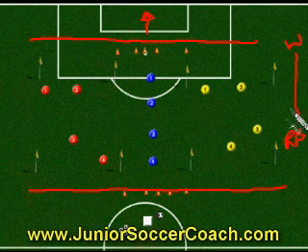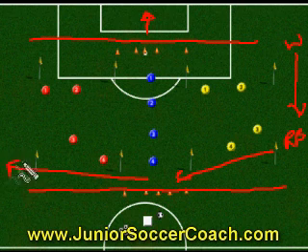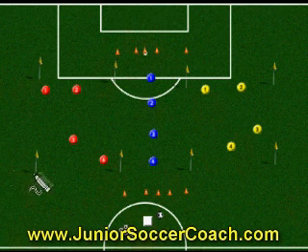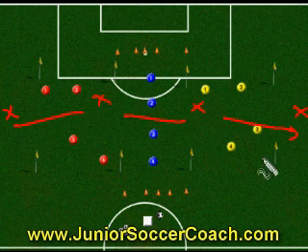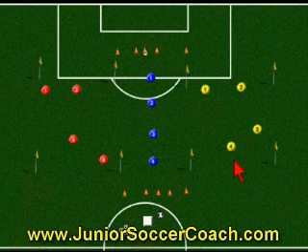If the ball was cut back this way and we wanted to switch the point of attack over to this side, where we would have maybe our left back and left winger, the ball would go over that way. Likewise, if we have 4 defenders across the pitch that way, they would also transfer the ball across the pitch as well. So that's why we've orientated the drill in this area of the pitch.